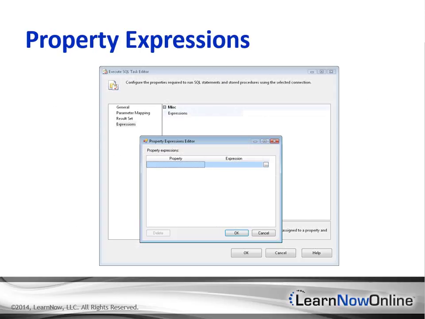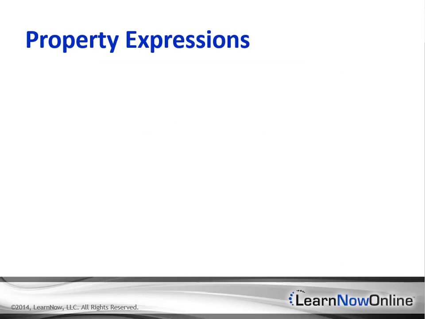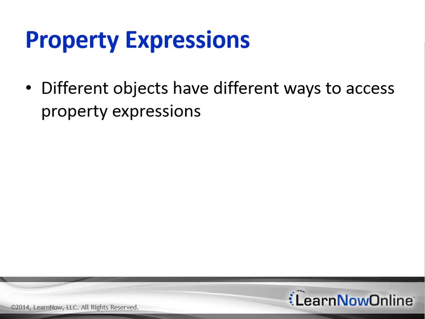All right, and so this shows the editor for the Execute SQL task, which is accessed from its Expressions page. Now, different object types in Integration Services have different methods by which you access property expressions. Control flow objects like tasks, containers, and connection managers expose their property expressions through their object editor dialog boxes or the Properties window.